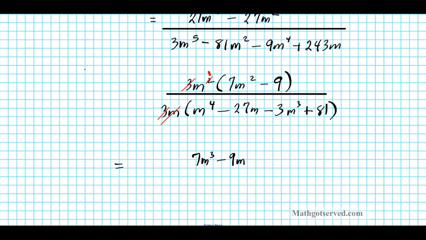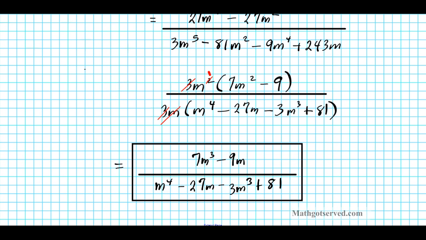That expression divided by the denominator, which is m to the fourth minus 27m minus 3m to the third plus 81. Okay, so there goes your simplified form of the original complex fraction.